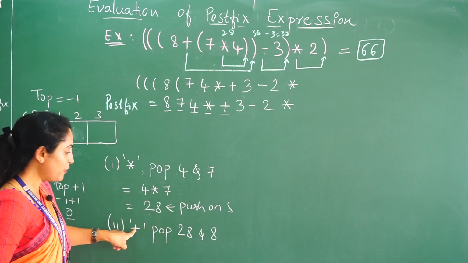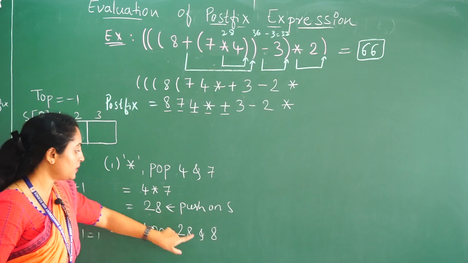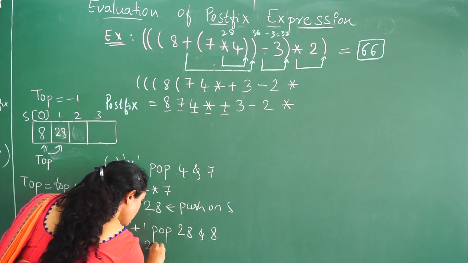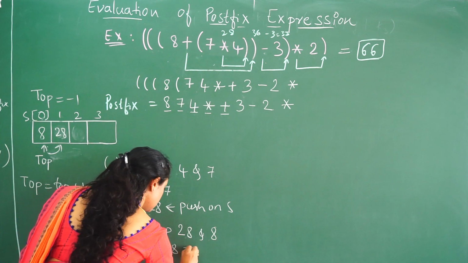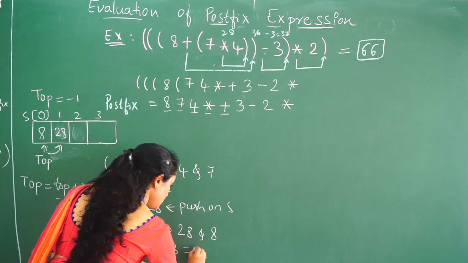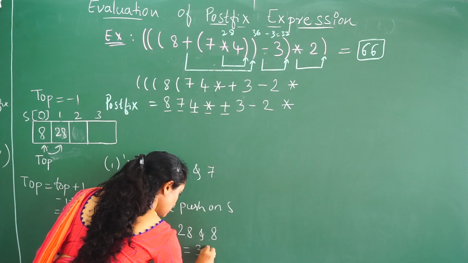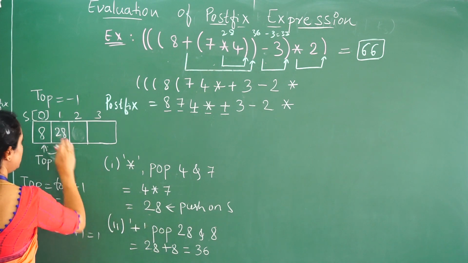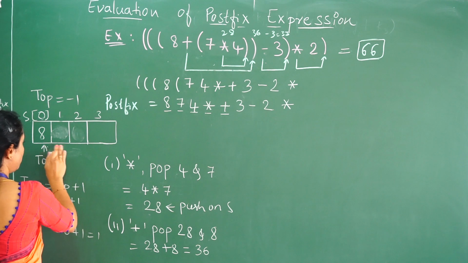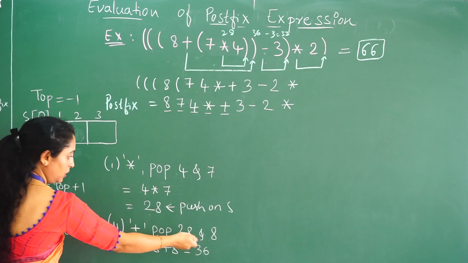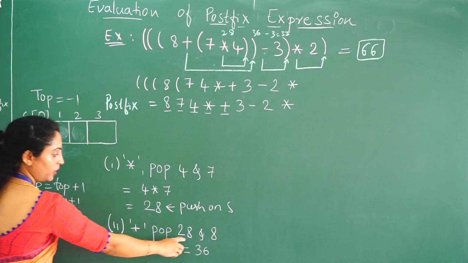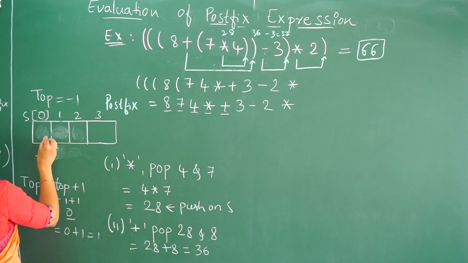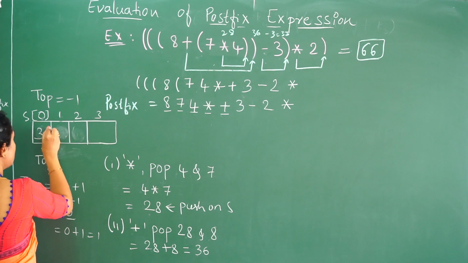Now we have to perform the plus operation on these popped 2 operands, that is 28 plus 8, that is 36. As we have popped 28 and 8, top will be decremented. We have popped 2 and performed the plus. 36 we have got. Next we are pushing it again into the stack.